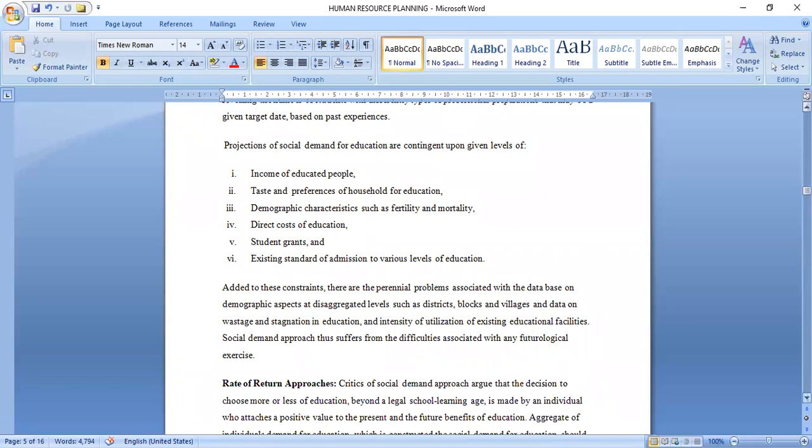Of course, when people are educated and have high income levels, it is definite that they will also educate their children. So this will have a positive relationship.